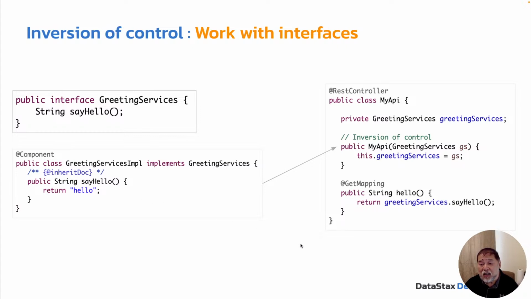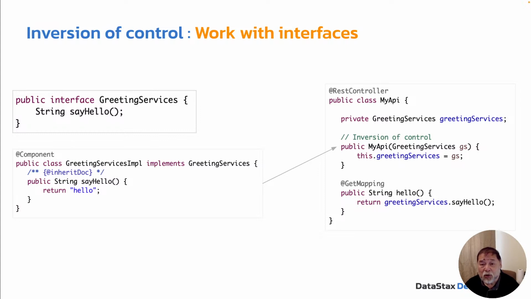With inversion of control on the right, in the constructor of this component, we get a greeting service reference passed in, and then we call greetingService.sayHello. It happens to be that the framework will pass in this greeting service. But in a different instance of the framework, you might pass in a greeting service implementation that speaks French and says bonjour or something.